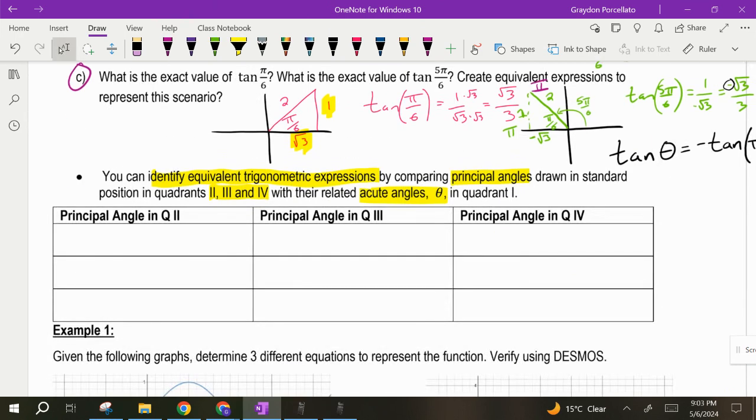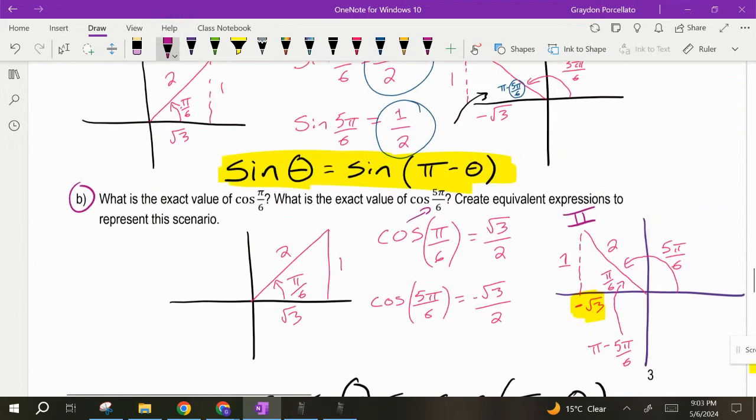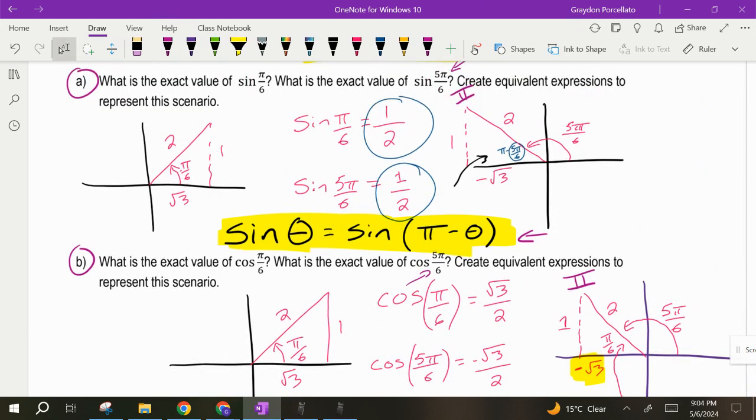The first one was that sine theta is equal to sine of pi minus theta. That's what we wrote in part A. The reason is that they're both positive, due to the CAST rule, because sine is positive in quadrant 2.